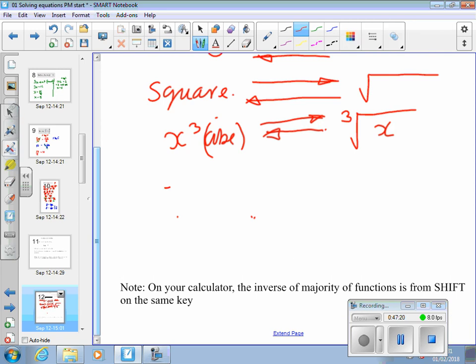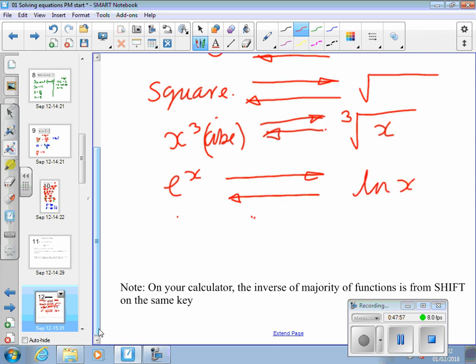Alright, what about e to the x? Have a look on your calculator. What's the shift function on the e to the x button? It might be ln, natural log.